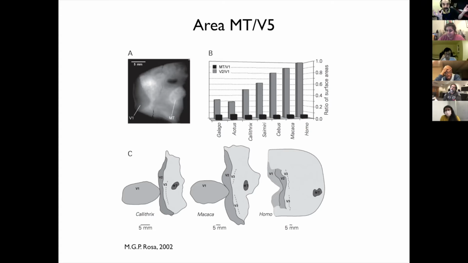One is V1, one is MT. So from an embryology point of view, MT is a primary visual cortex.